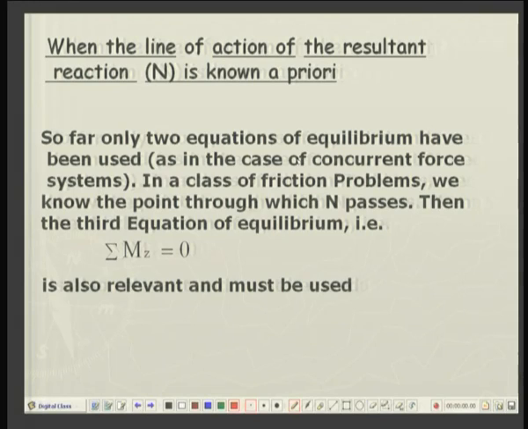Okay. So, I will take up analysis of one such problem where a critical state of normal reaction will be required, beyond which the body can topple over.